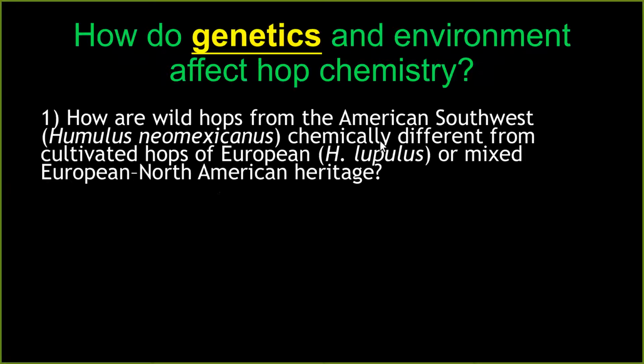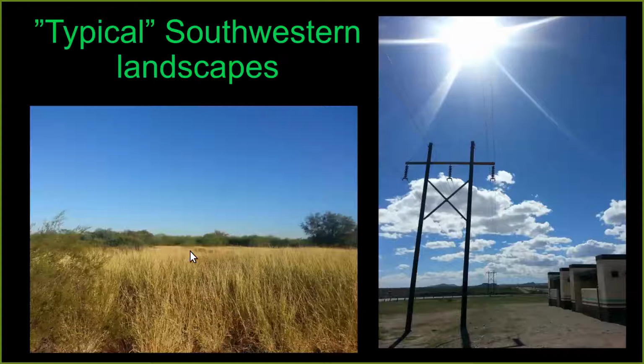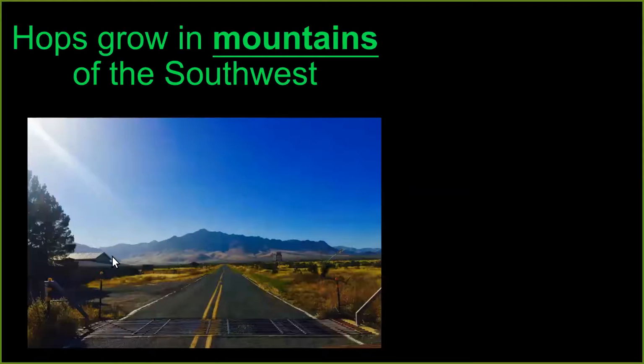When some people, myself included, think of the American Southwest, they often think of landscapes like this. They're hot and dry, desert type of landscapes. But the Southwest actually also has mountains, which stand out of the desert. They're higher elevation and cooler, and in fact, this is where the hops are found.